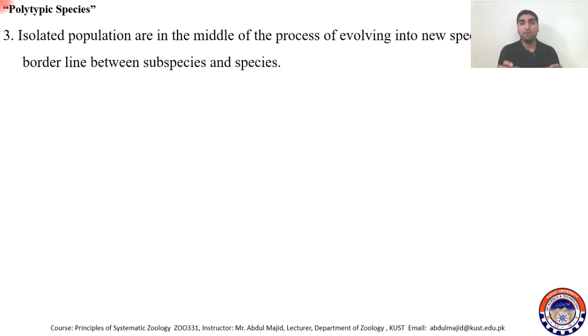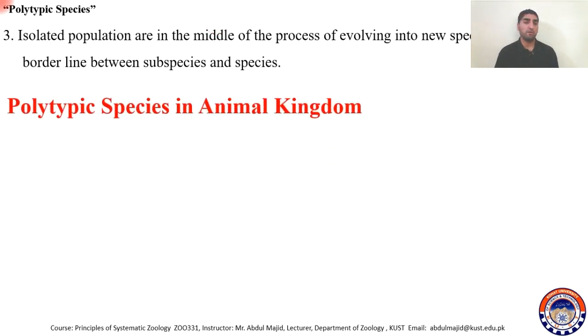These small populations which are isolated from each other are in the process of evolving into new species, and sometimes they are on the borderline between the subspecies and the full species. So again here taxonomists face difficulties in deciding how to classify them, as a full species or as a subspecies.